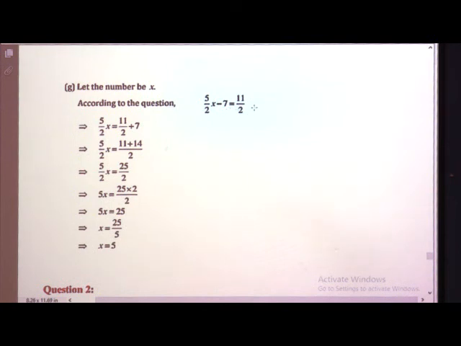When you read the statement, you will find the given values, and we have to consider the number because it is not given, but 5 upon 2 times a number subtracted by 7 is given as 11 by 2. In this way we formed an equation.